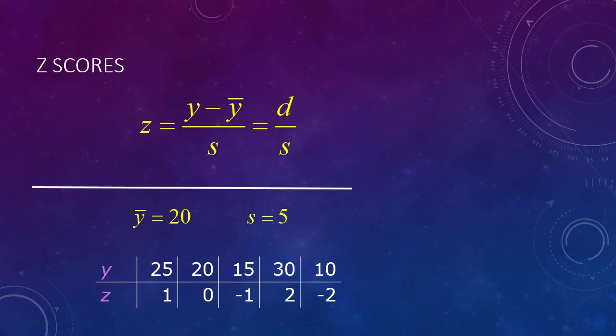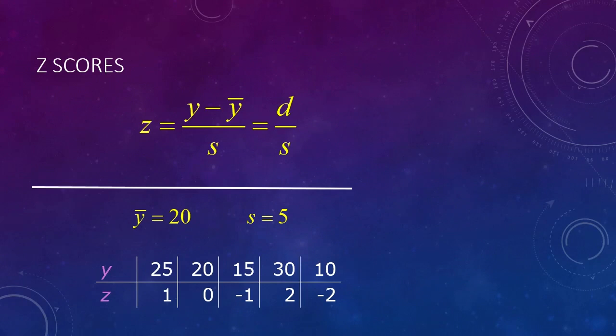This deviation score happens to be the same as the standard deviation, so a score of 25 is 1 standard deviation above the mean of 20. The z-score is 1. A score of 20 is right on the mean, so the z-score is 0. A score of 15 is 1 standard deviation below the mean, so the z-score is -1.